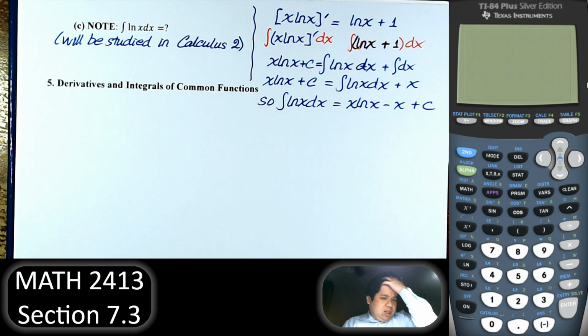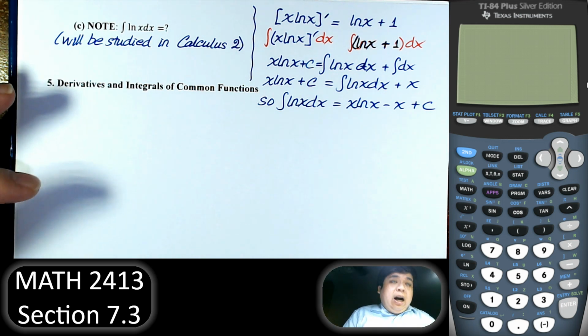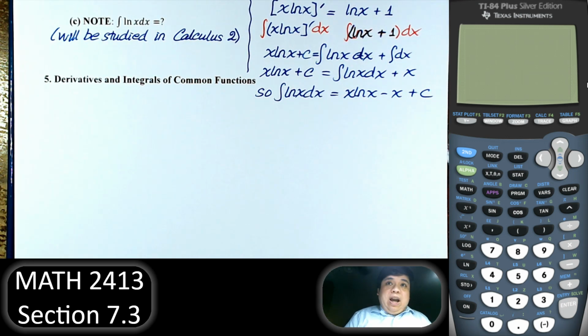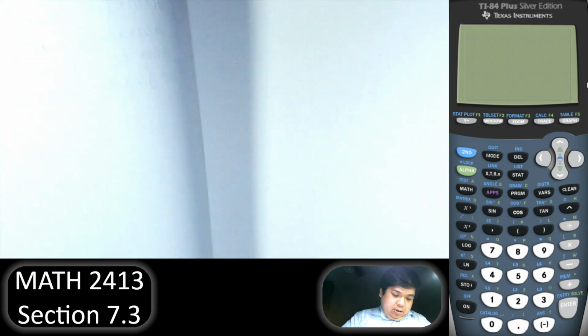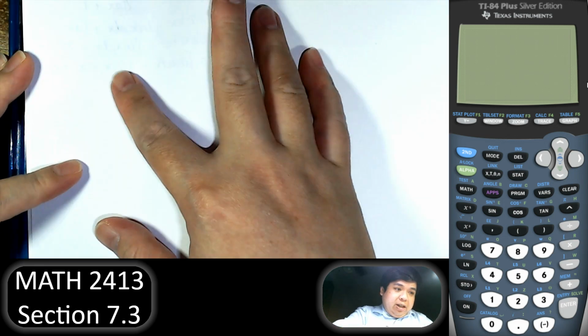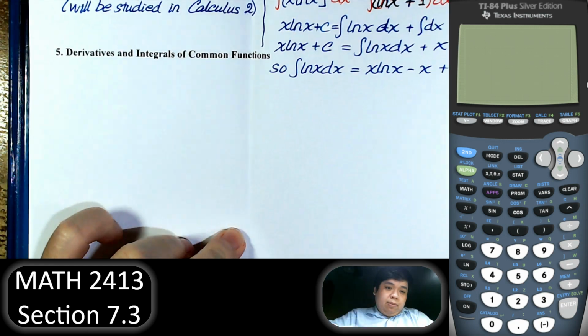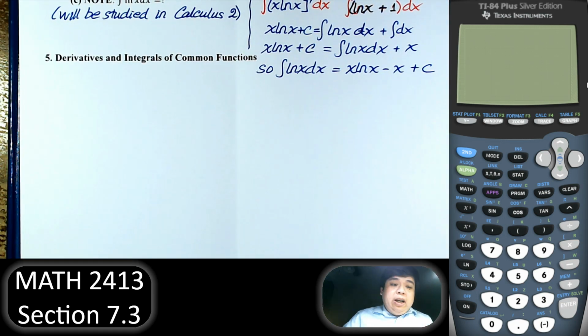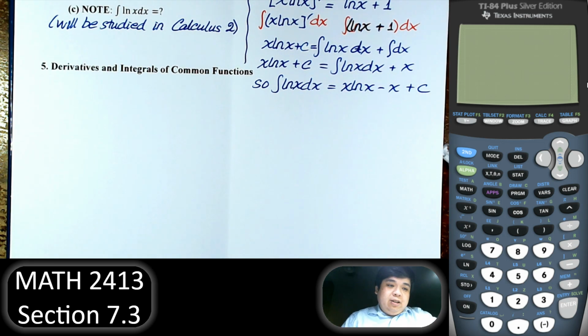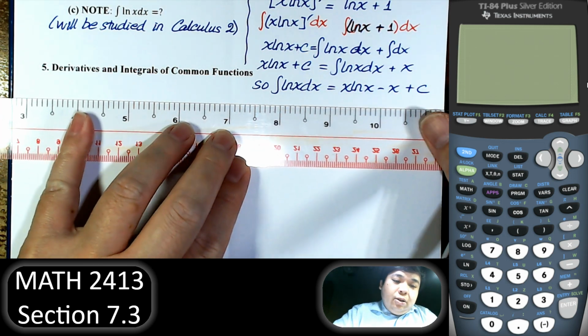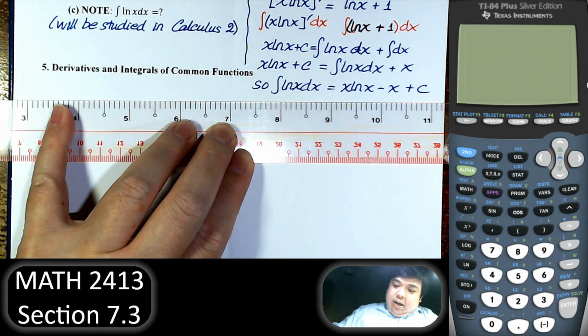Right, that's good there. Now, here I just want to summarize everything. We have derivative and integral. So let's just fold the page in half. So now, here are all the rules we have. And a little more general.